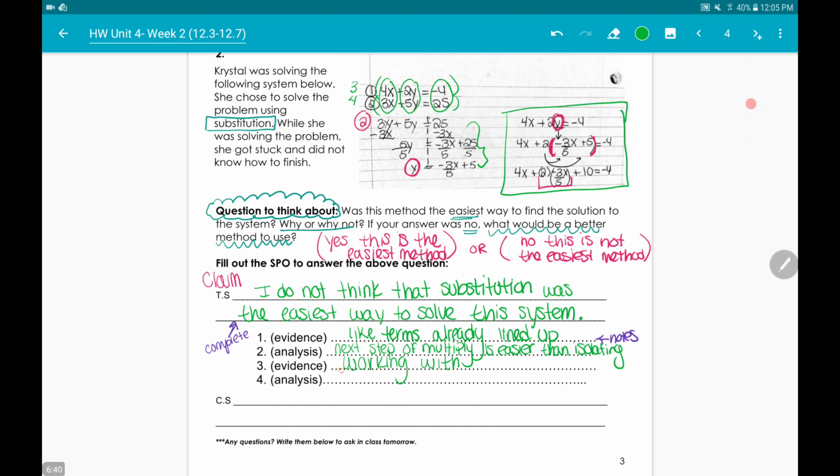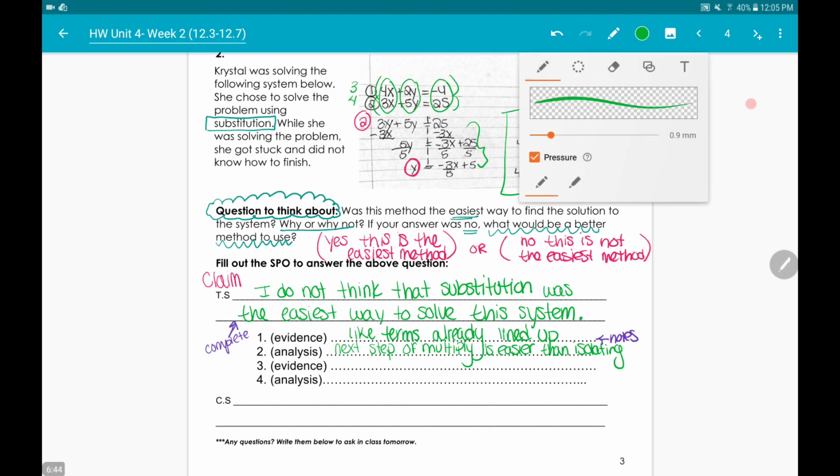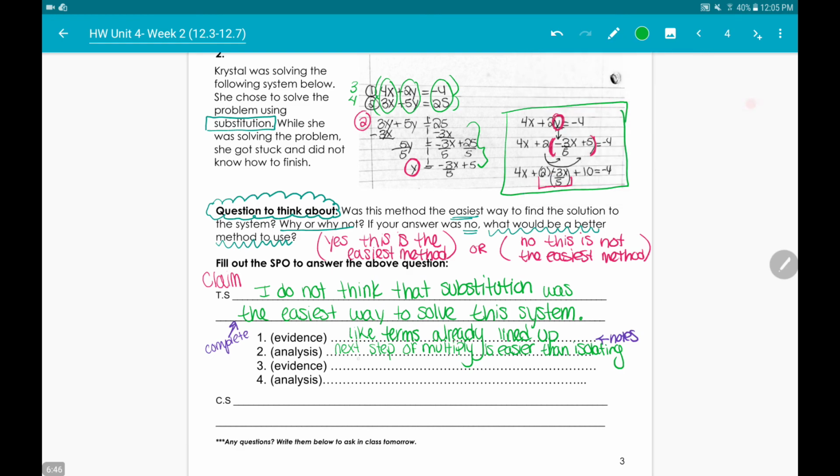So that's my analysis. So when I was isolating, I got fractions. Okay, and then my analysis of why that isn't good is because working with fractions can be difficult.